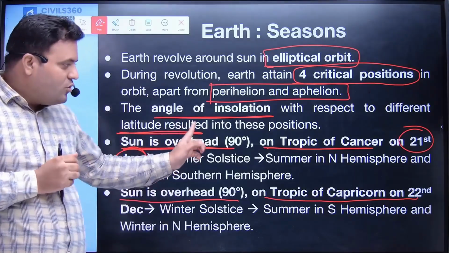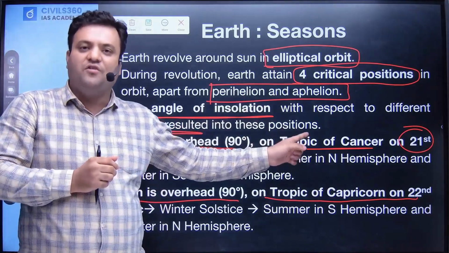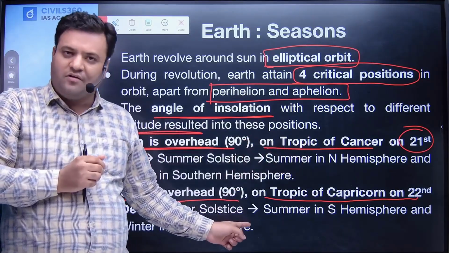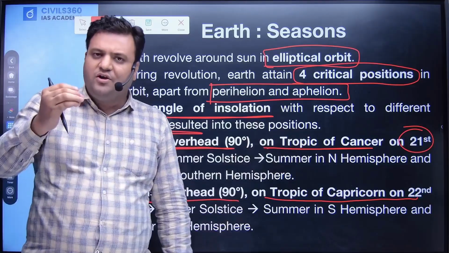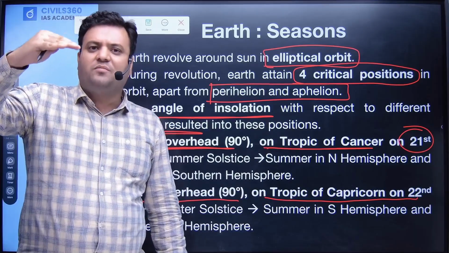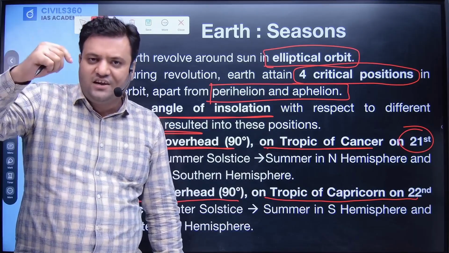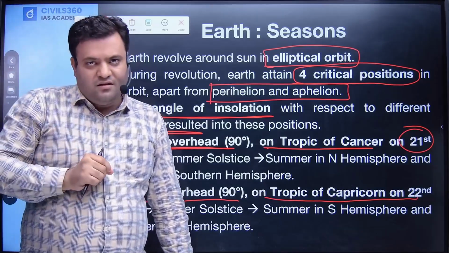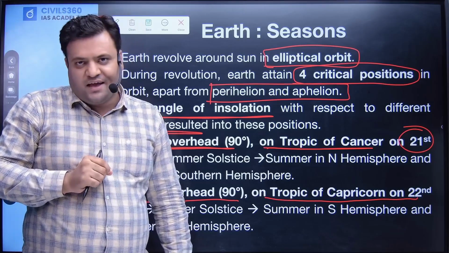When the sun is overhead on the Tropic of Cancer, 23.5 north, I hope you remember, and 23.5 south, the Tropic of Capricorn. So at a given point of time, the sun makes a 90-degree angle with the Tropic of Cancer. That results in summer in the Northern Hemisphere, and there is a reversal in the opposite, southern hemisphere.